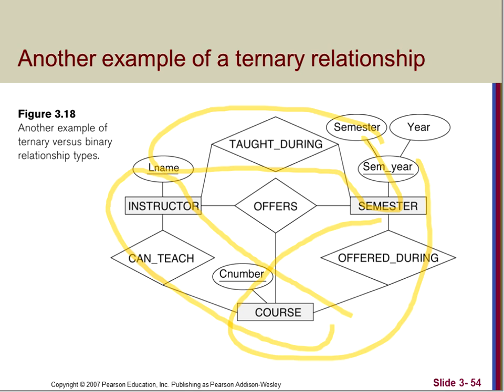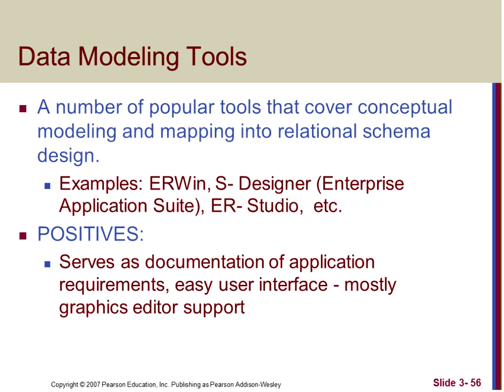For example, Professor Lee can teach any course, but some of them are not offered in a specific semester. Which means it has more information than the ternary relationship. Okay, so that is the ternary relationship. In the case of a ternary relationship, you can change it into binary relationships, but be careful. There might be additional information.